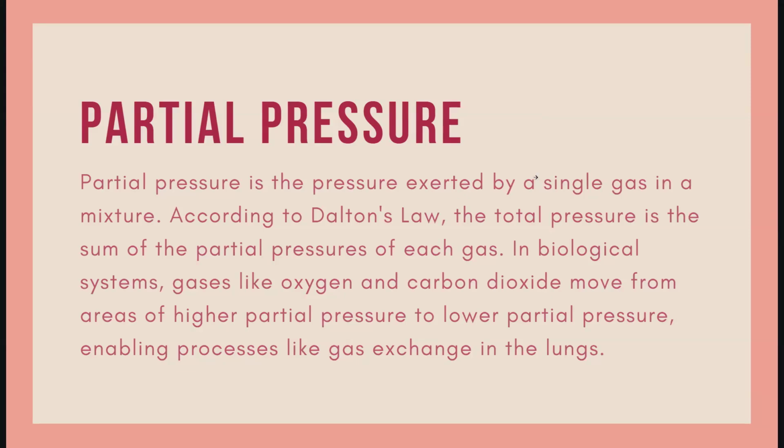And remember, from diffusion, molecules move from a more concentrated area to a less concentrated area. Well, partial pressure just states that an area with a higher partial pressure has a higher concentration of that element. And so gases and molecules will always move from a place of higher partial pressure to lower partial pressure.